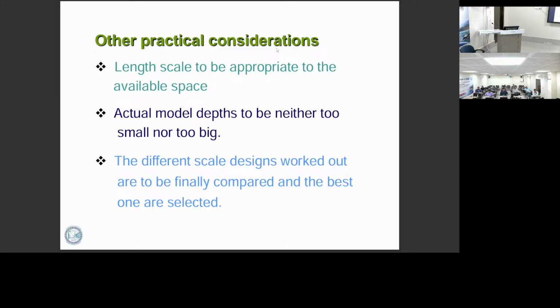What is the sediment availability? If all the things are done, then you have to select the scale after making a table. Not in a single go can you decide that this is the model scale. That is important. The different scale designs worked out are finally compared, and the best one suitable as per our infrastructure is selected. You have to decide based upon that.